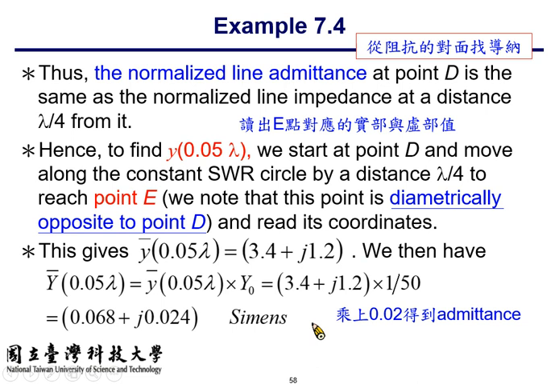The number you found is the normalized admittance. The actual admittance shall be the product of the normalized admittance with the characteristic admittance, which is 0.02 in this case, that is 1/50.